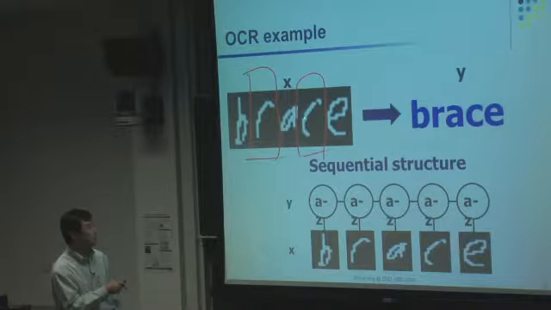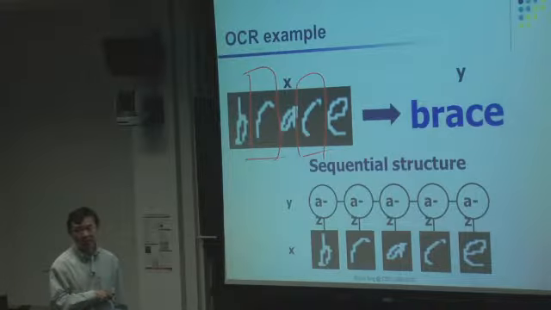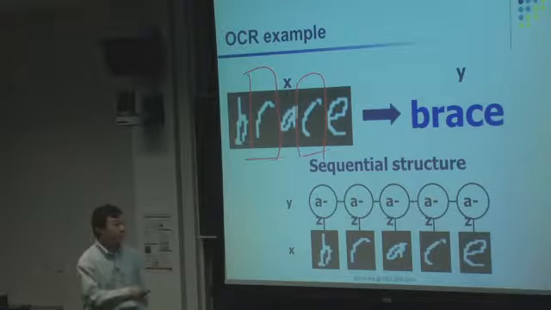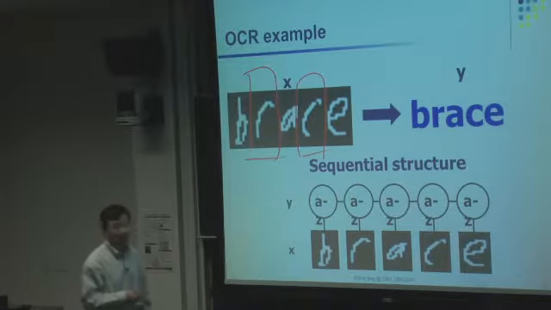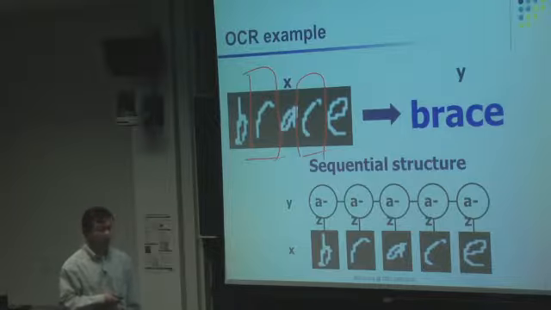And likewise in here, if you recognize A already, then R after A is probably less likely than C after A, and so on and so forth. So that means you want to hopefully make use of a sequential structure to tie together all the labels. Right? So this defines an instance of the structure prediction problem.